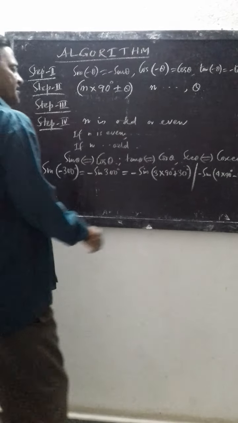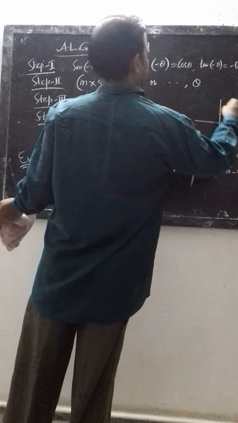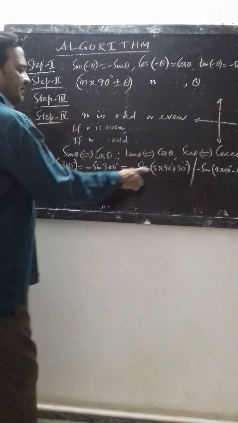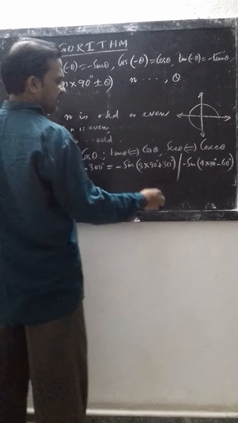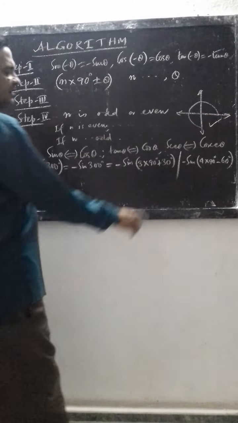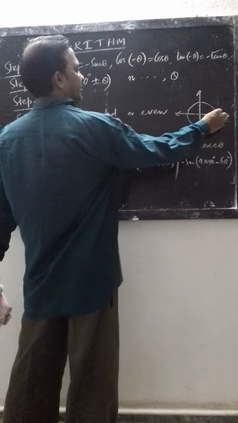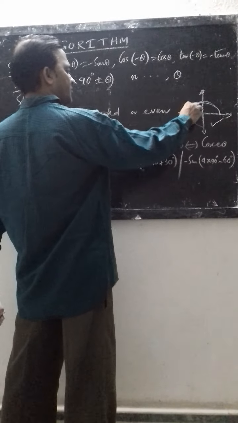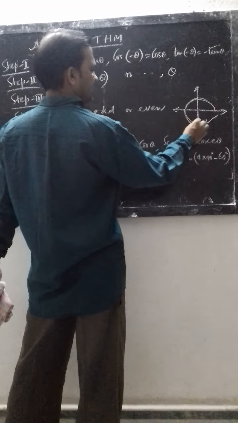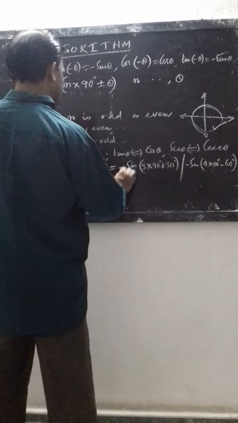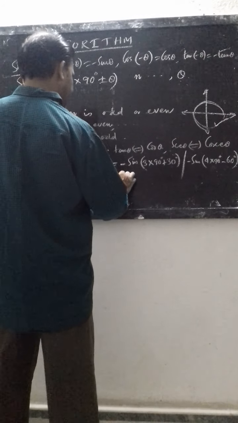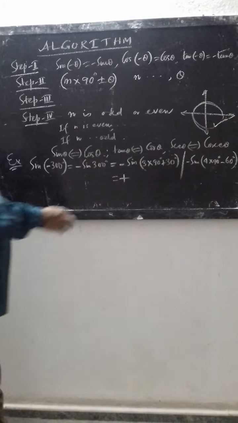Now step 3: 3 into 90 plus 30 means 4th quadrant, and 4 into 90 minus 60 means 4th quadrant. In the 4th quadrant, sin theta is negative, so this sign will change, that is plus.